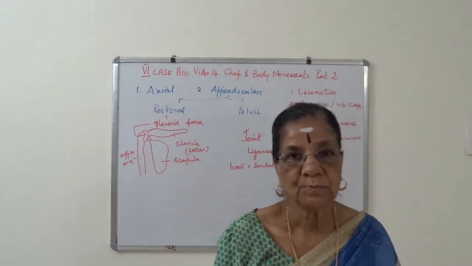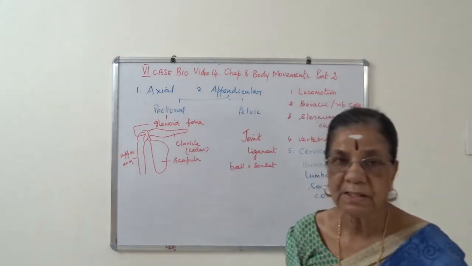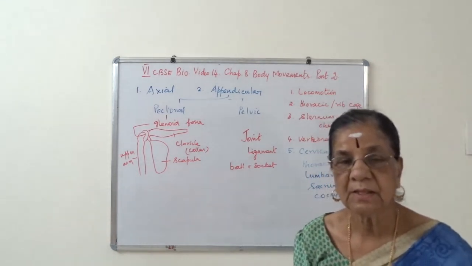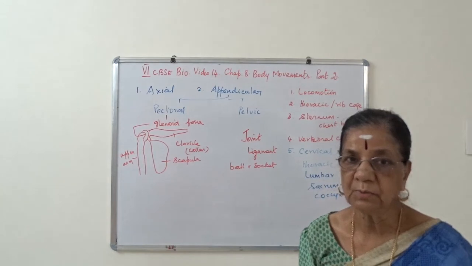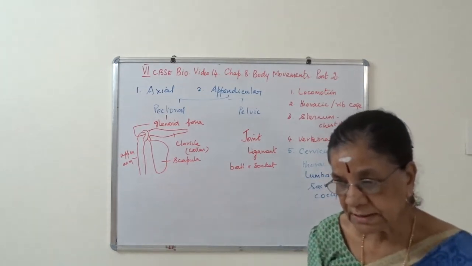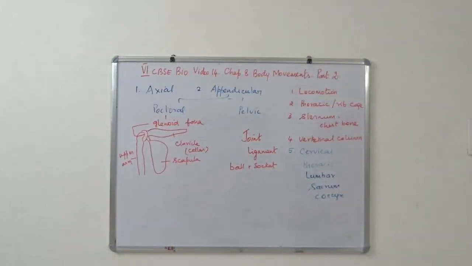I hope you follow. So the pectoral girdle bones are the clavicle or collarbone and scapula. Now, what is the glenoid cavity? A cup shaped cavity formed in this pectoral girdle is the glenoid cavity.